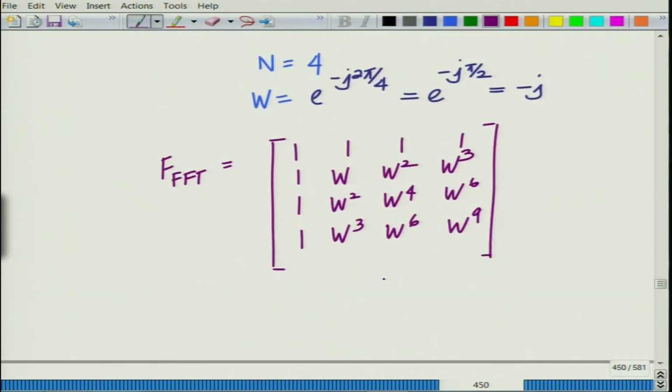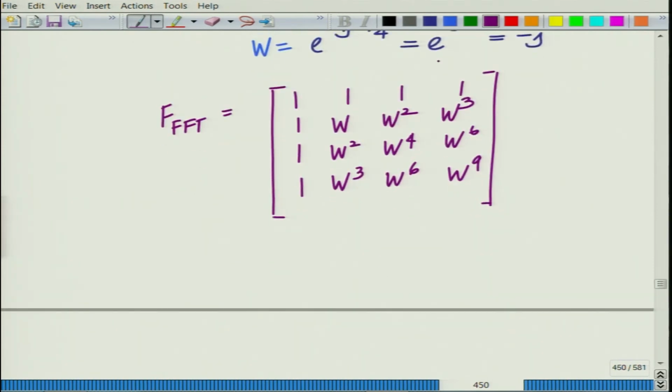If you substitute and simplify these expressions, you can see W equals minus j, W square equals minus 1, and W cube equals W square into W, which is minus 1 times minus j, equals j.